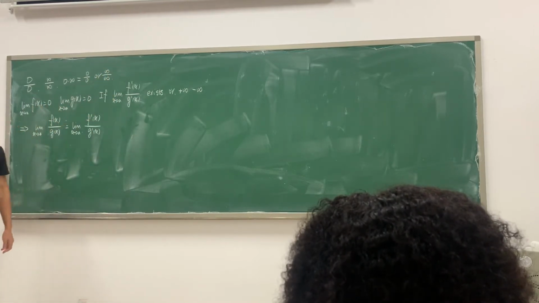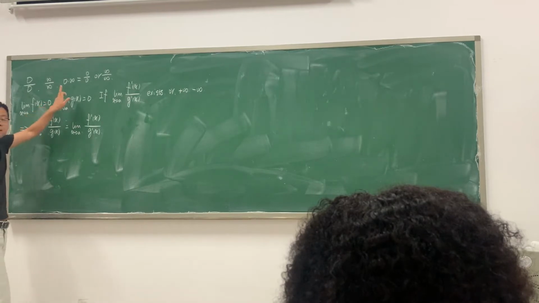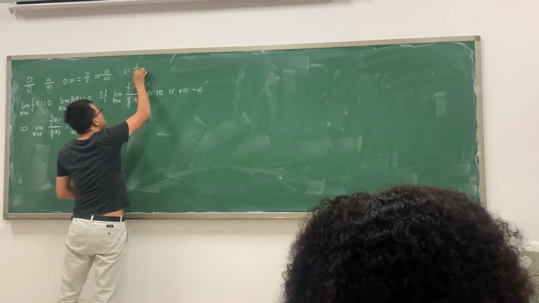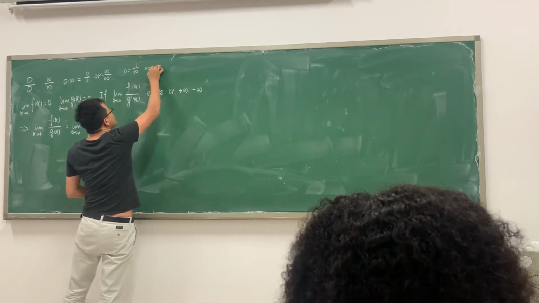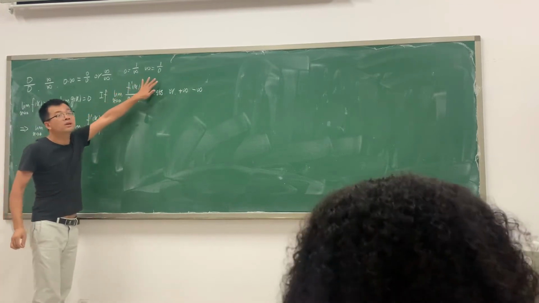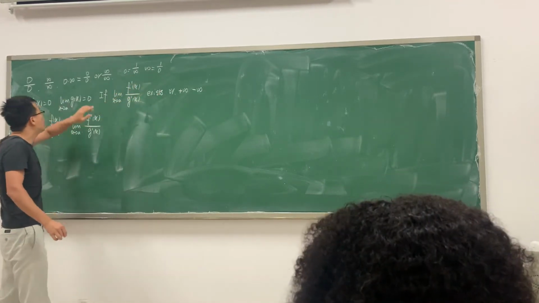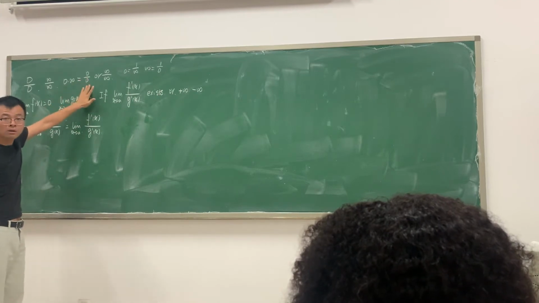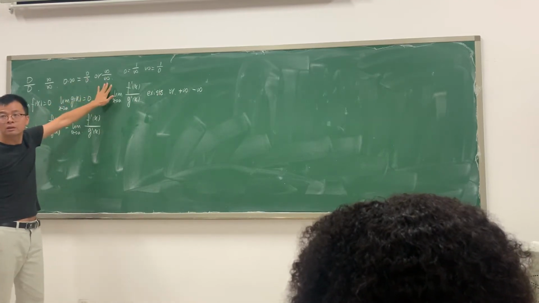So here we just need to write 0 equal to 1 by infinity, or infinity equal to 1 by 0. We use these two formulas. We can transform 0 times infinity into 0 by 0 or infinity by infinity, okay?